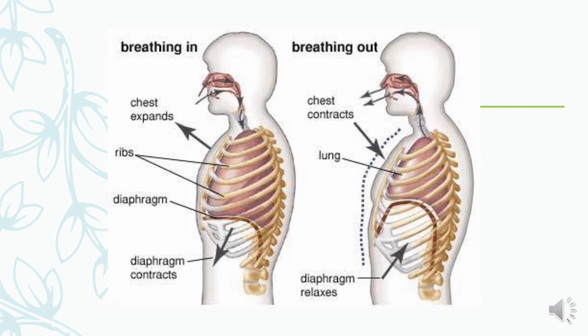When you then exhale, your chest contracts and the diaphragm relaxes, meaning it goes back to its dome-shaped position where it lies under your lungs. With breathing out, all these contractions force the air out of your lungs. For inhalation, the reason everything expands is to make sure that there's enough space for you to inhale.